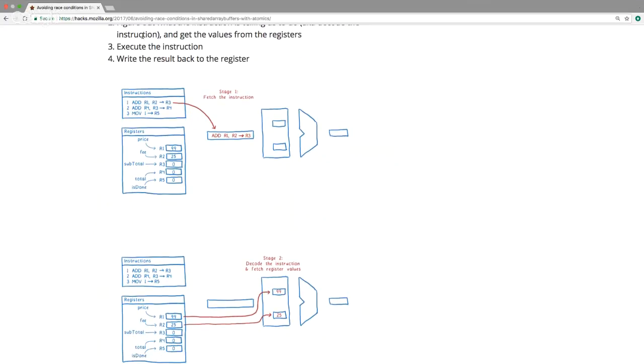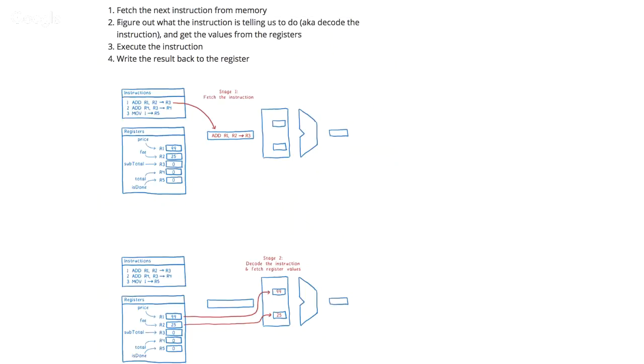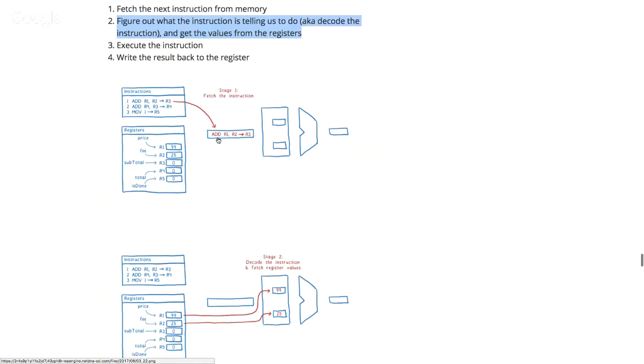figure out what the instruction is telling us to do. Decode the instruction and get the values from the registers. So it gets the instruction and then it decodes it. If it says add R1, R2 and store it in R3, it needs to decode it.